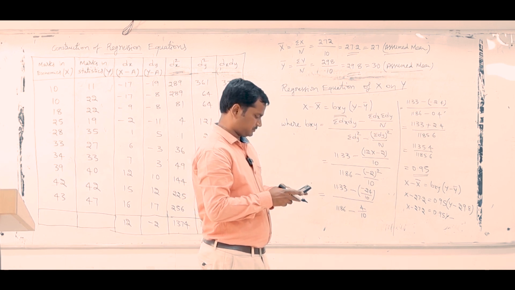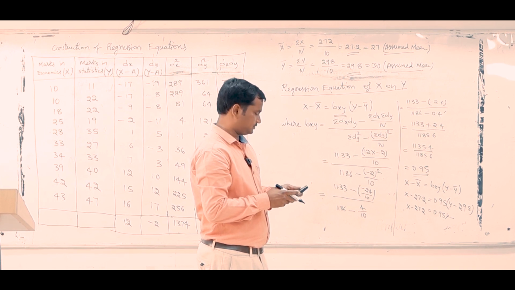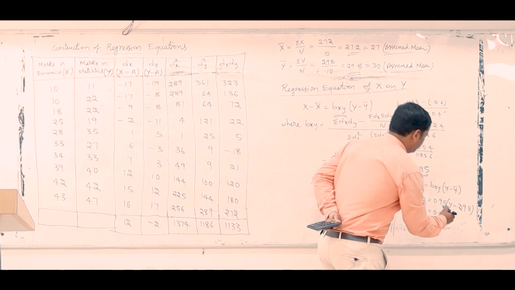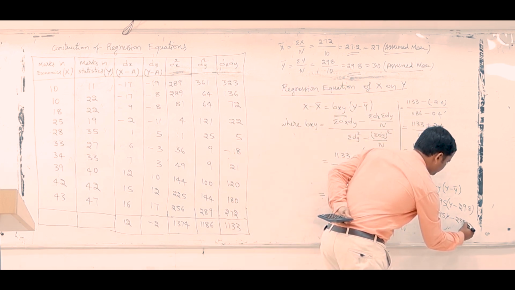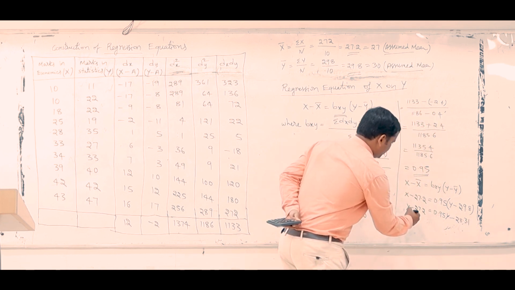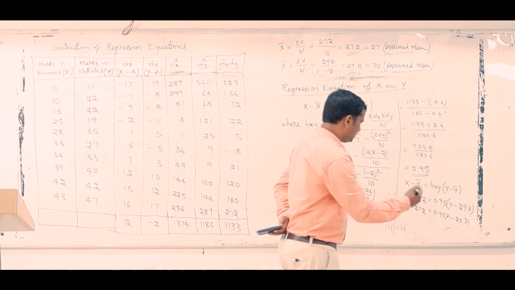So 0.95 into 29.8, that is equal to 28.31. So here the x term we should keep this side, and the other, 27.2, that term we should send to the other side.